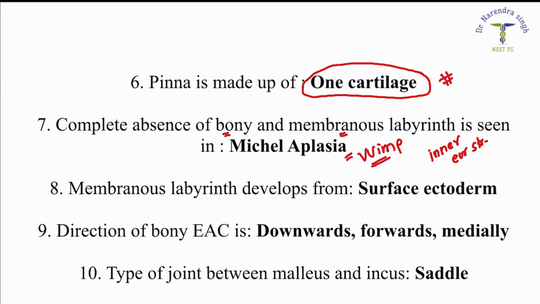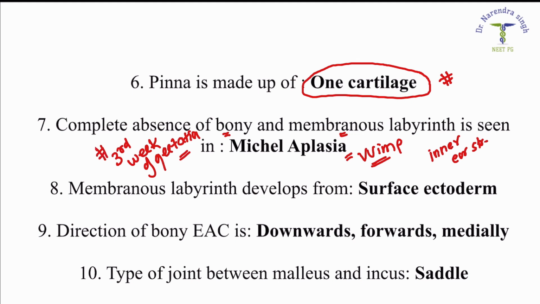This happens when there is a failure of development of the otic placode at or before the third week of gestation. The otic placodes fail to develop at or before the third week of gestation.